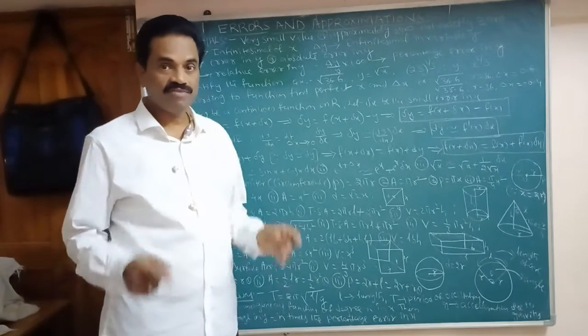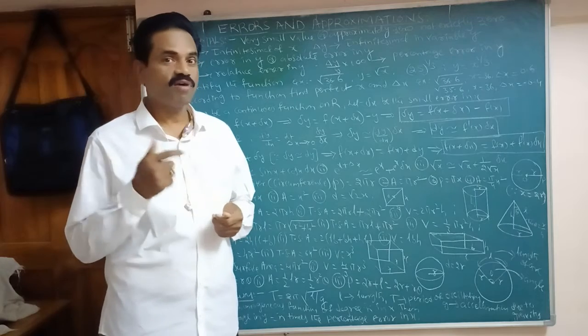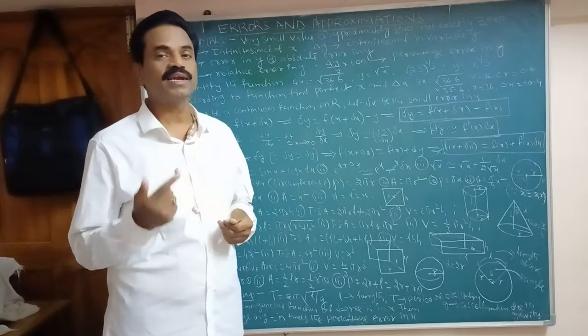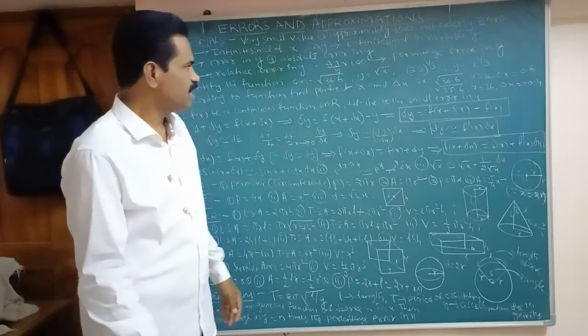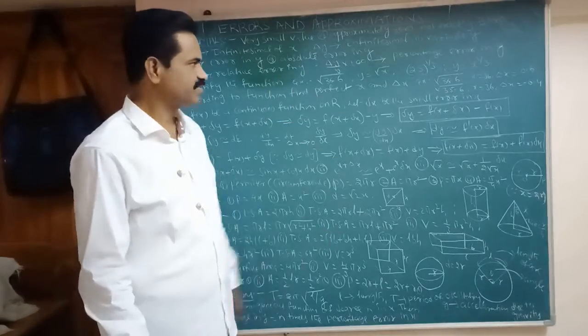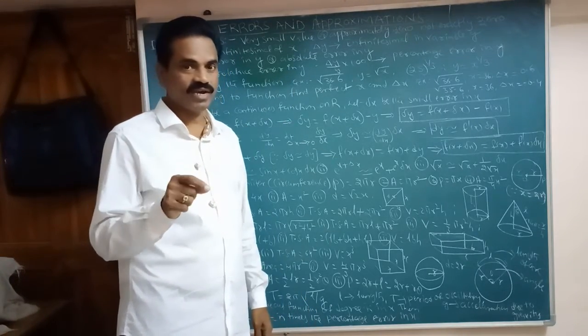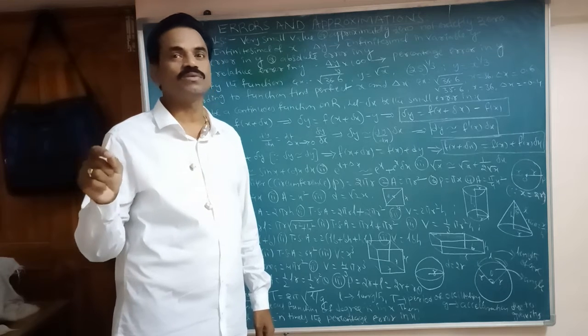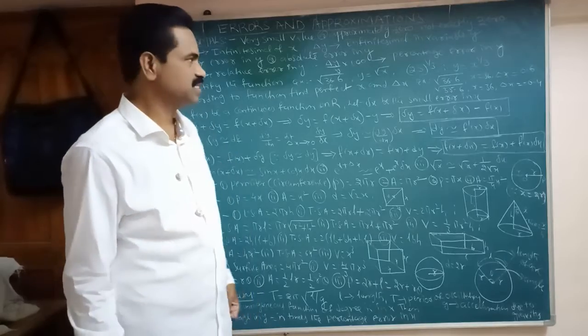Root 36 is 6, so the perfect x is 36, and find delta x also. 36.6 we can write as 36 plus 0.6, so the error delta x equals 0.6.